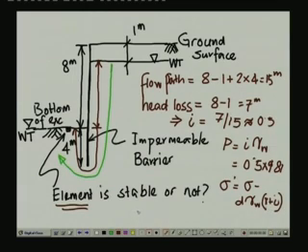Now, if we had a total unit weight of say 20 kilonewton per meter cube, and if we are considering gamma w to be 9.81 kilonewton per meter cube, what we are going to have is our effective unit weight is going to be 20 minus the gamma w value multiplied by 1.5.